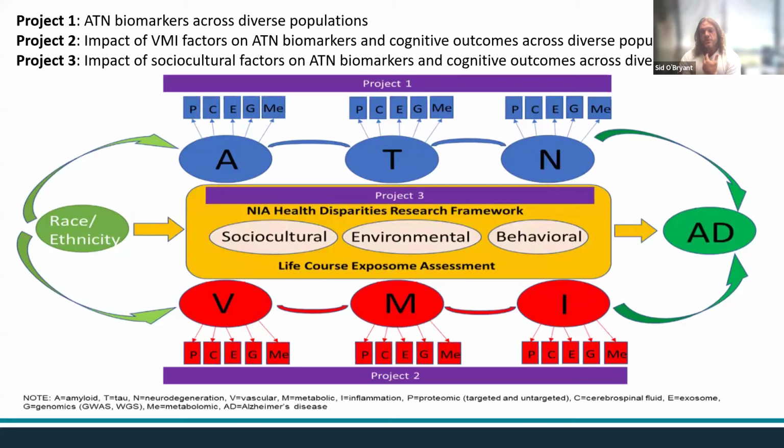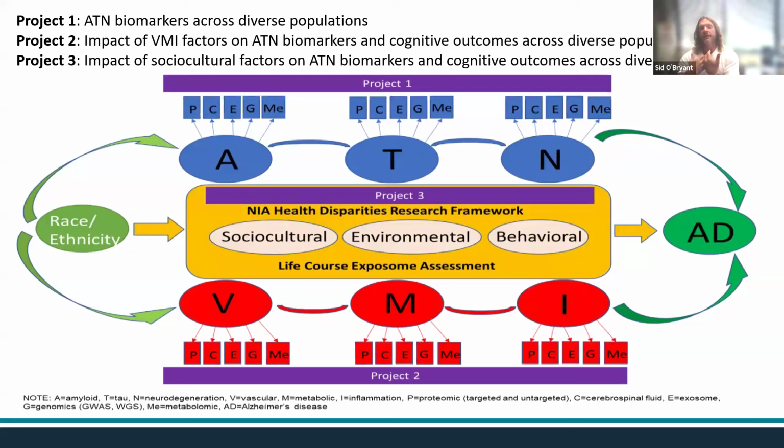Project 2 is expanding, looking at these vascular, metabolic, and inflammatory factors that we and others know are associated with Alzheimer's, including the basic biology of Alzheimer's, but also these factors vary by race and ethnicity. Then right through the middle, which is project 3, all of this is being examined through a health disparities framework.